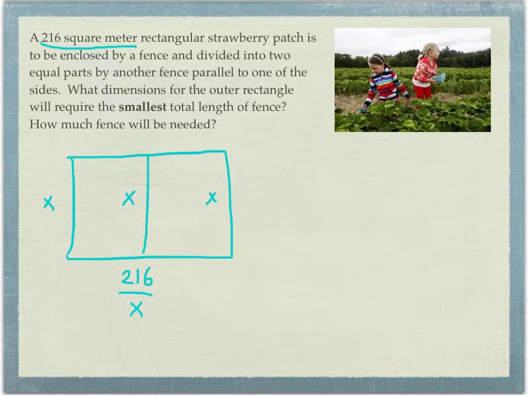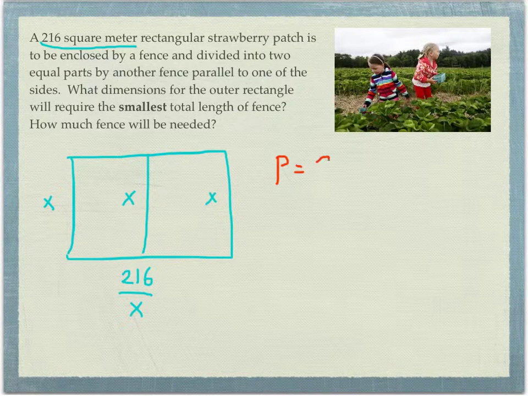Now, that's my diagram. Now when I write my equation, I'm going to try to write it for the thing I'm trying to optimize. So in this case, I am trying to find the smallest amount of fence. So I'm really looking for the perimeter. Can I write an equation for not just the perimeter, but for all the fence that I need?